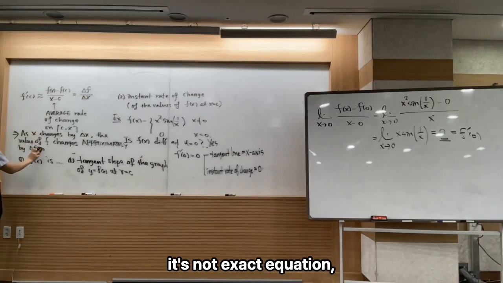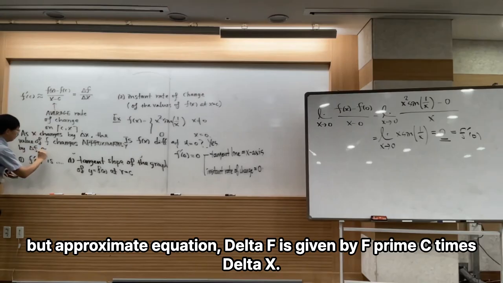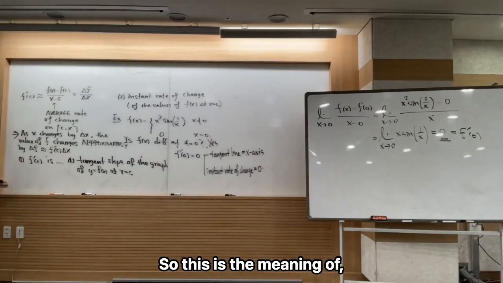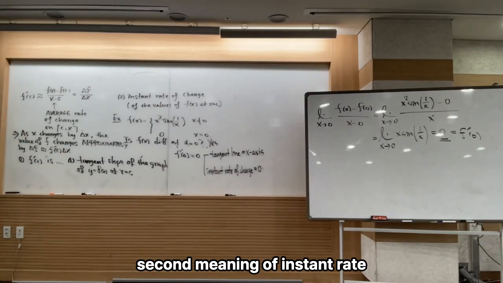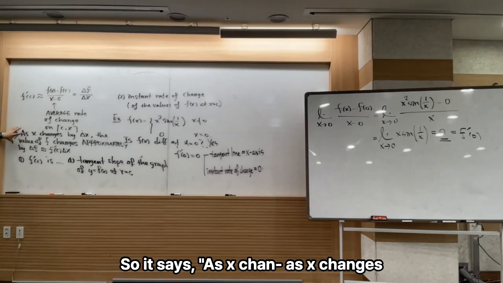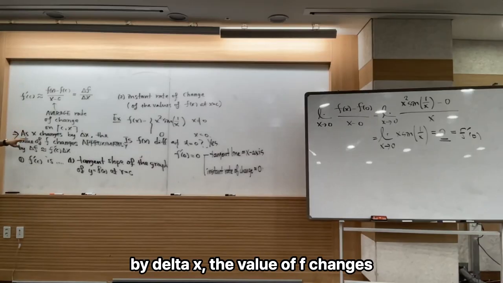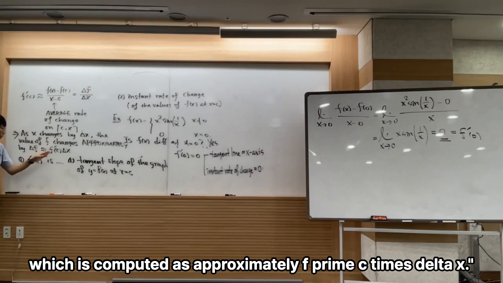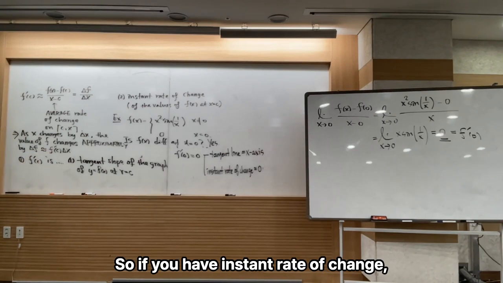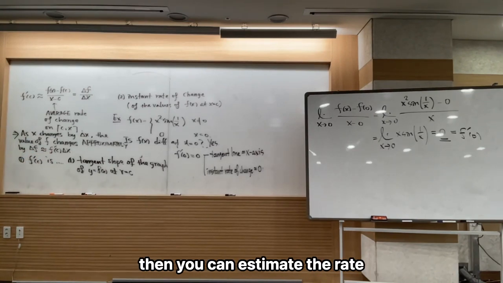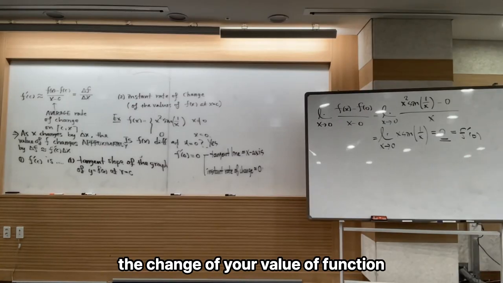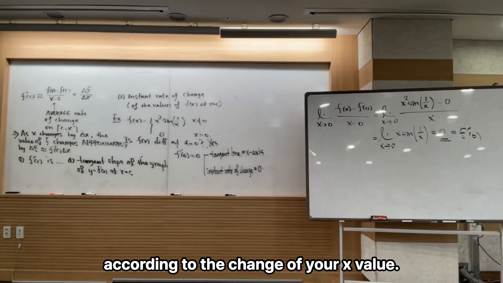Since we have an approximate equation, not an exact one, delta f is given by f prime c times delta x. This is the second meaning of instant rate of change, or differential. It says as x changes by delta x, the value of f changes approximately by delta f, which is computed as f prime c times delta x. So if you have the instant rate of change, then you can estimate the change of your function value according to the change of your x value.